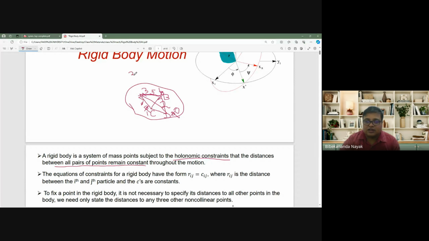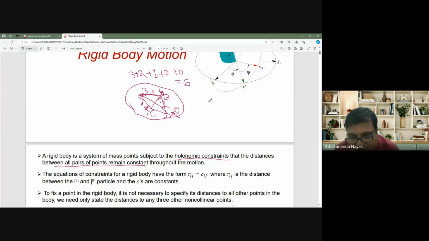For A we need 3, for B we need 2, for C we need 1, for D, E, F, anything, we need 0. So the total is 6. So for a rigid body in 3 dimensions, only 6 degrees of freedom or 6 coordinates are needed.